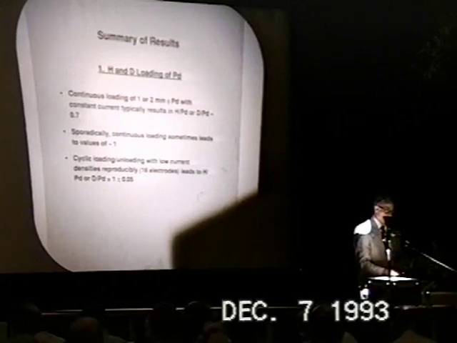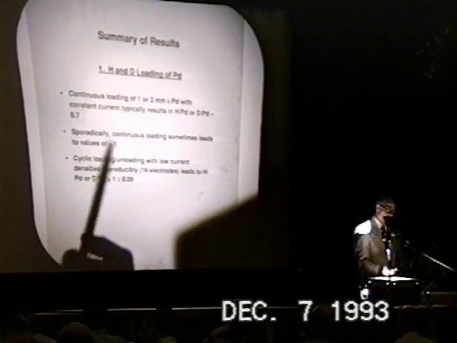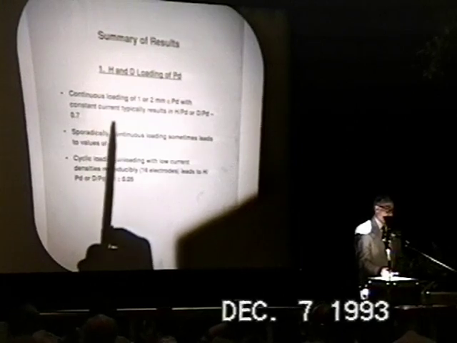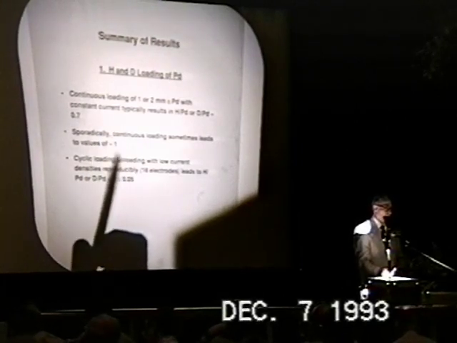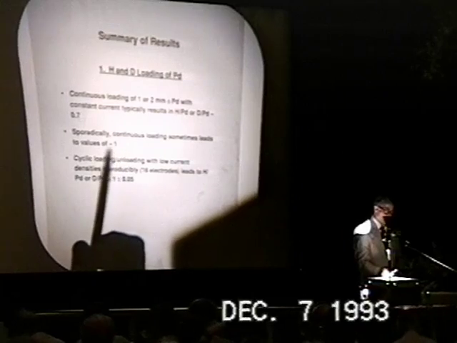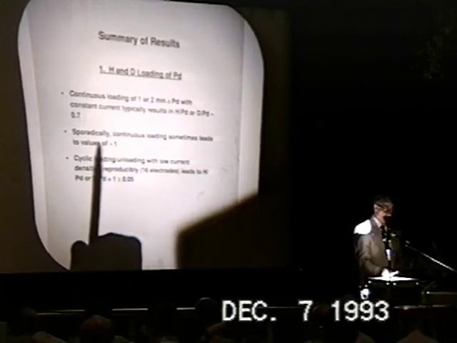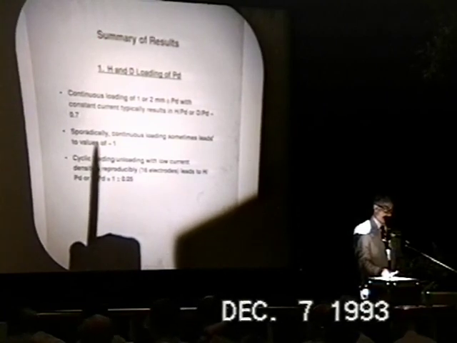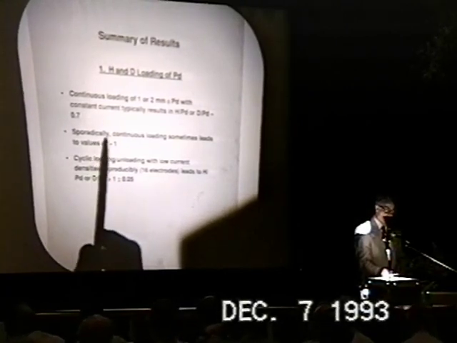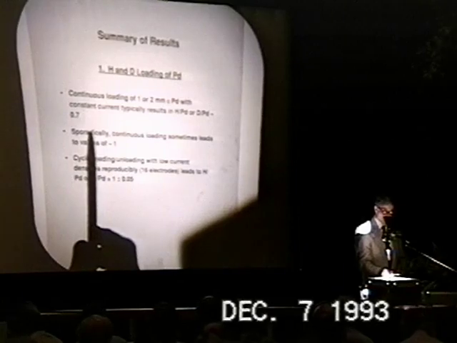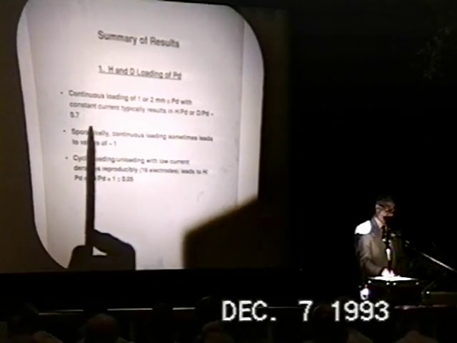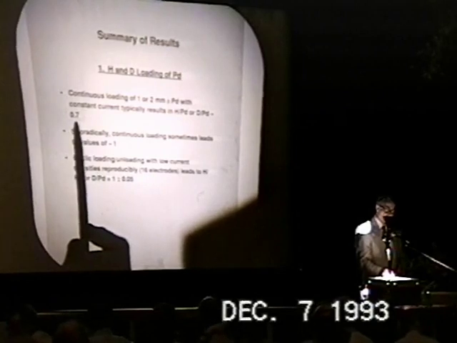A quite nice statistical evaluation of the success or non-success of getting to high loading ratios by continuous loading was done again in our institute by Andy and his associates on as many as 60 electrodes. In about 15% of those cases, loading ratios of 1 and sometimes exceeding 1 were attained, whereas in the vast majority, two thirds of the cases, the loading ratio was 0.7.